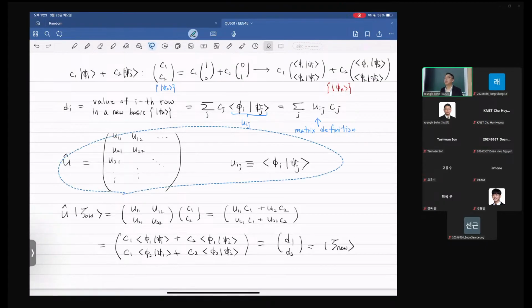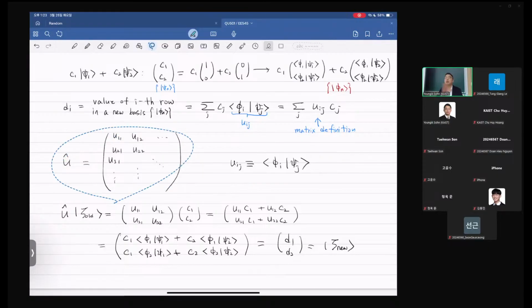That's how you convert from this basis to that basis. Once you know the two bases, you can extract U, and then you can convert any quantum state into a new coordinate system. So this is how you get the coordinates of a given quantum state.